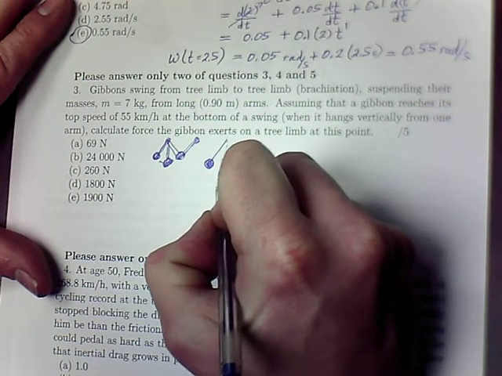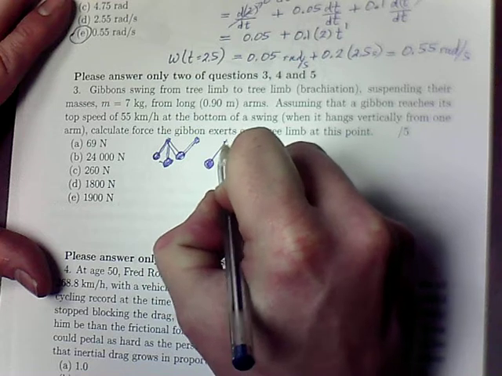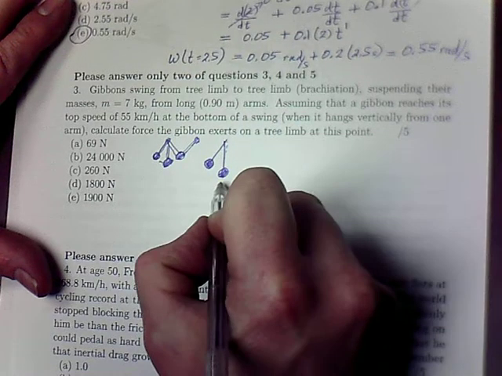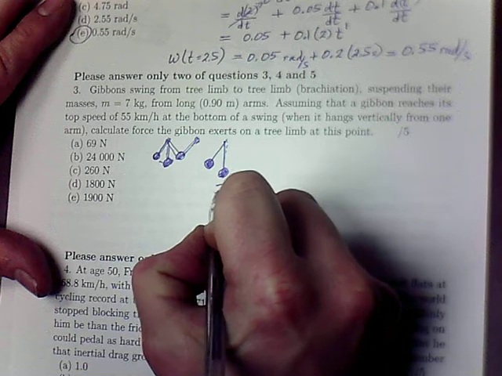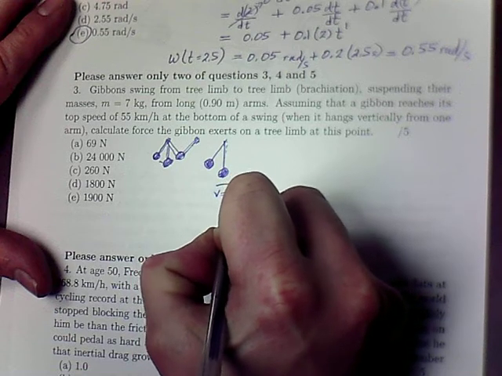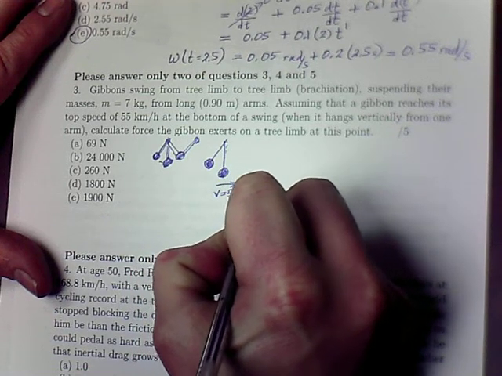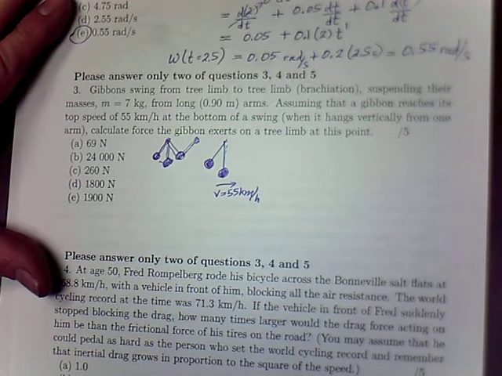So we're right at the point where it's vertical, and we're told that our gibbon has a speed of 55 kilometers per hour, which seems really high, but apparently that's the kind of speed that these are able to reach.